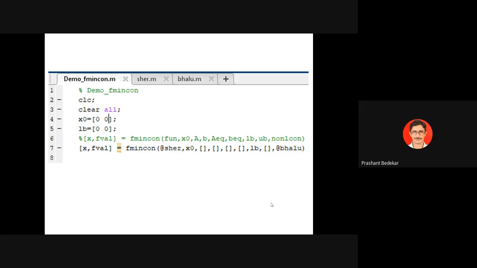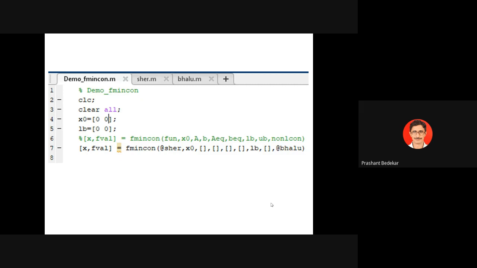I have written the syntax in green color. fmeancon, fun is the function which will contain the objective function, and it has to appear with a function handle, that is the at sign. So see, in place of fun I have said @share. Share is the name of the function which I have decided, I will be writing a file named share.m, and in that file I'll write the objective function.